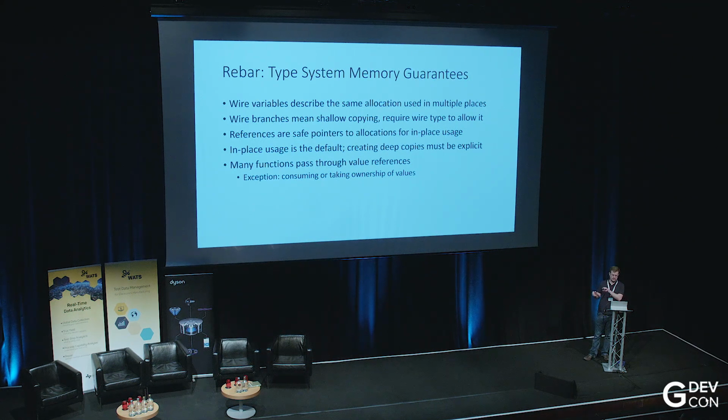When you call something that isn't a reference, you are moving whatever value you had before into the function, and the caller, as a result, no longer has access to it. So all of these things lead you towards greater control over what allocations you're making and when, and prevent you from doing things that have expensive but hidden costs.